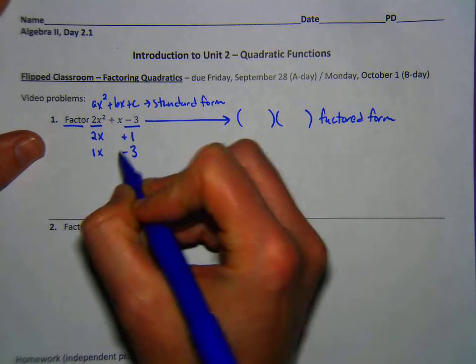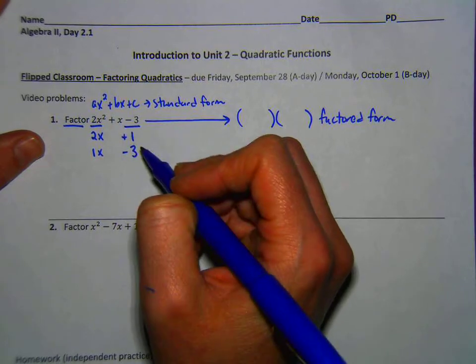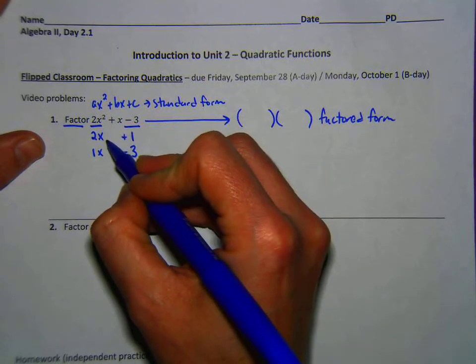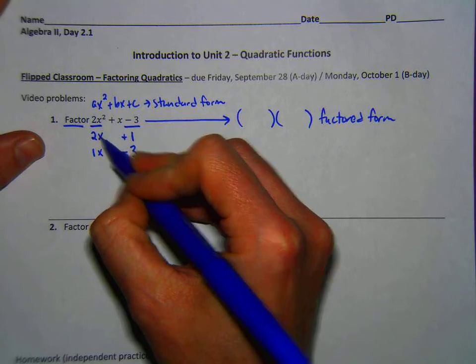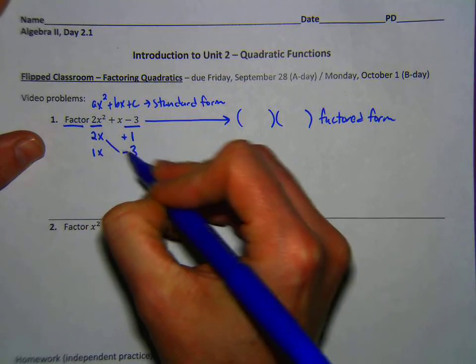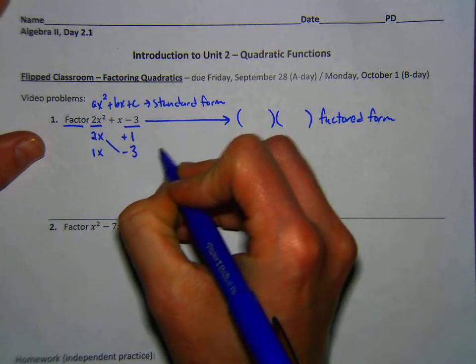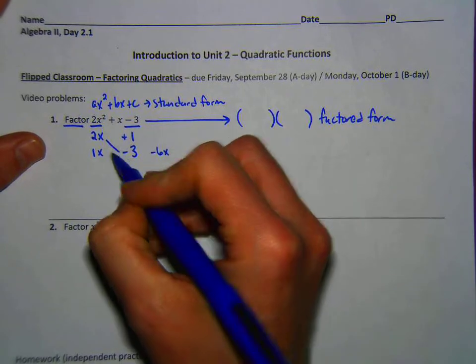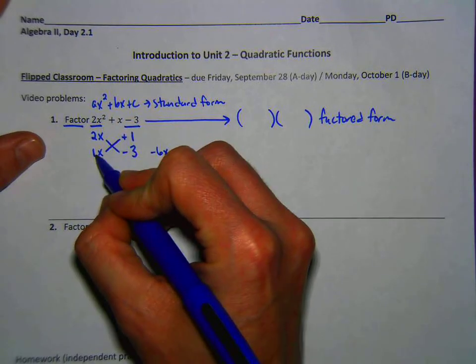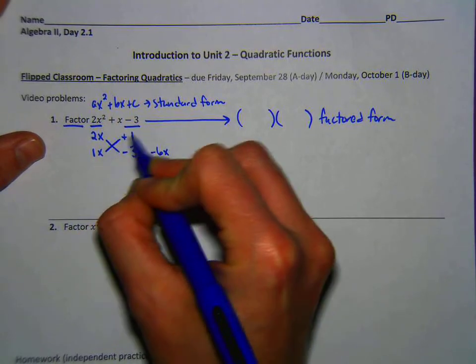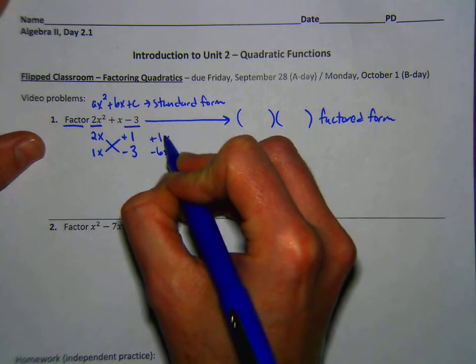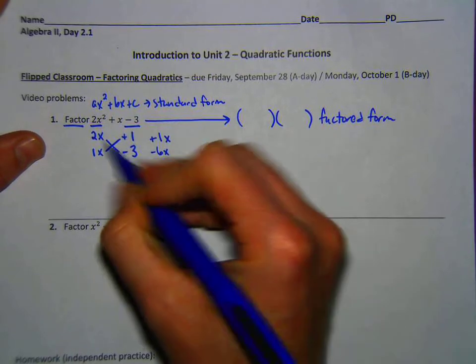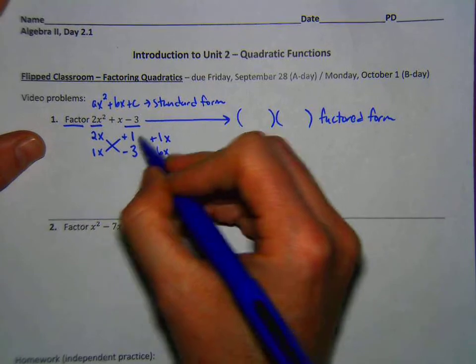In order to test, we are going to crisscross multiply. We're going to multiply this times this. So 2x times negative 3 gives me negative 6x. And we're going to multiply this times this: x times a positive 1 is a positive 1x. Remember, we're multiplying here. We're not adding, we're multiplying.